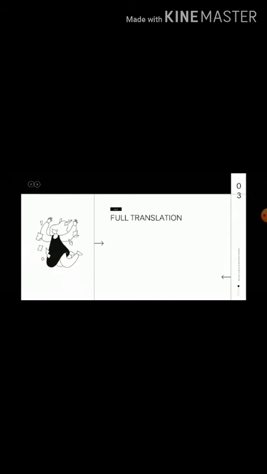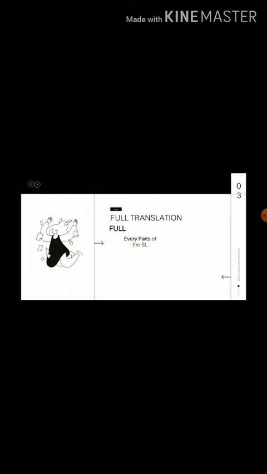Full translation. Look at the word full. Full is complete, whole, so it contains a lot of detail. Because full is all of the detail, in full translation every word in the source language must be translated, or every part of the source language must be translated, so no word is left.